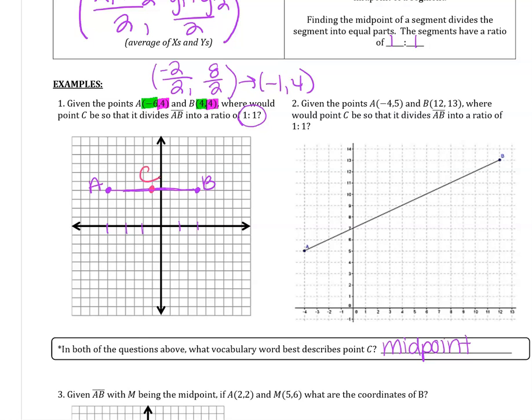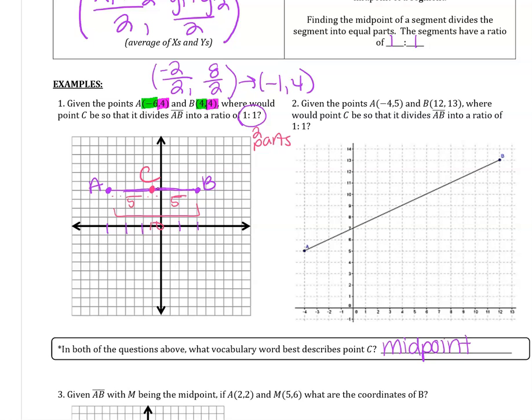Now that looks like it makes sense because if you look at how this whole segment's broken up, it's 1, 2, 3, 4, 5, 1, 2, 3, 4, 5, and then altogether is 10. So for every 5, there's another 5. That's your 1-to-1 ratio, where each part is half of the whole. So think about this as 2 parts, where each half is, well, 1/2 of the whole.